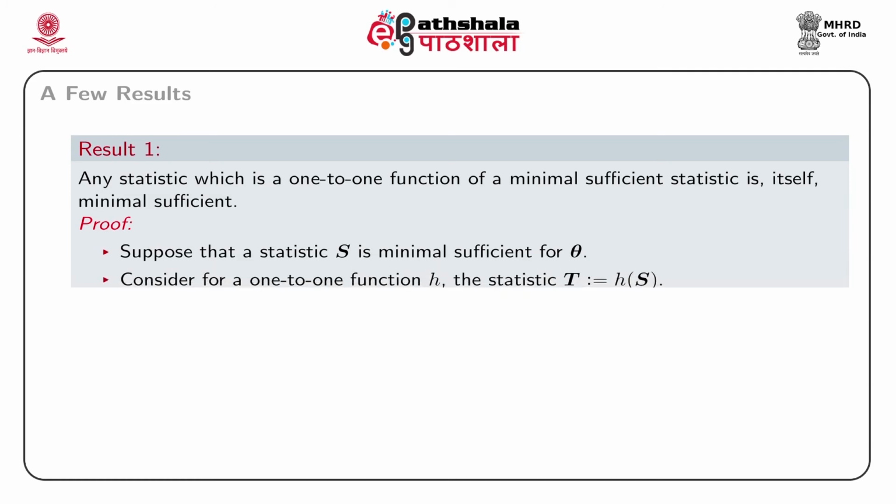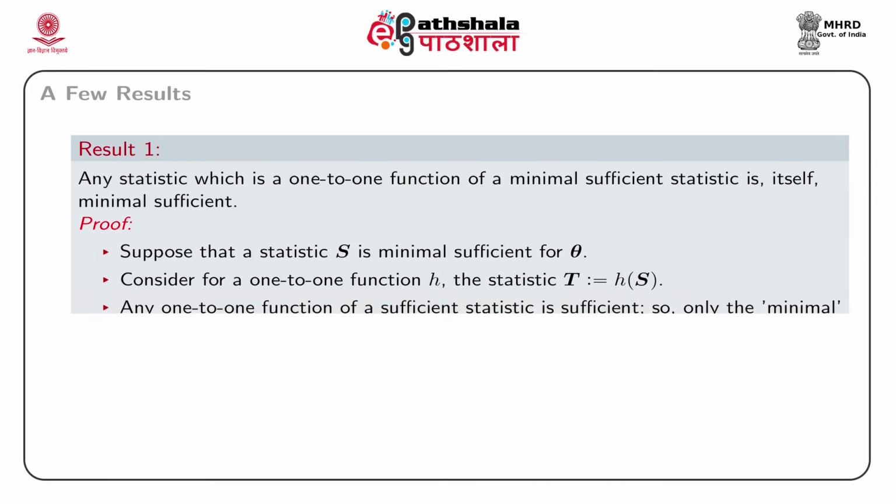Let us consider another statistic T equals H(S), where H is a one-to-one function. We know that a one-to-one function of a sufficient statistic or a jointly sufficient statistic is also sufficient or jointly sufficient, and hence T is sufficient for θ.